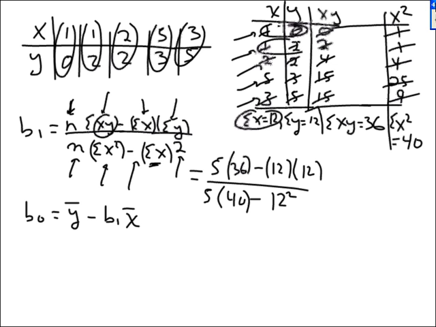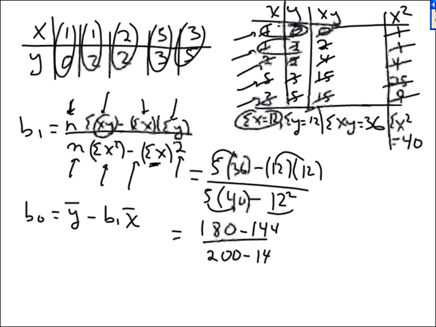So it's 12 squared. 5 times 36 is 180. Minus 12 times 12 is 144. 5 times 40 is 200. 12 squared is 144. So the top is going to be 36, and the bottom is going to be 20 more. It's going to be 56.